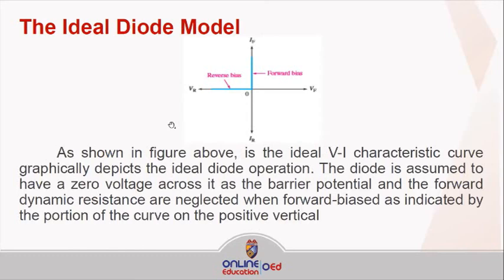Okay, for example, as shown in the figure above, is the ideal voltage current characteristic curve. Graphically, it depicts the ideal diode operation. The diode is assumed to have a zero voltage across it. Then the barrier potential and the forward dynamic resistance are neglected when forward biased, as indicated by the portion of the curve on the positive vertical.